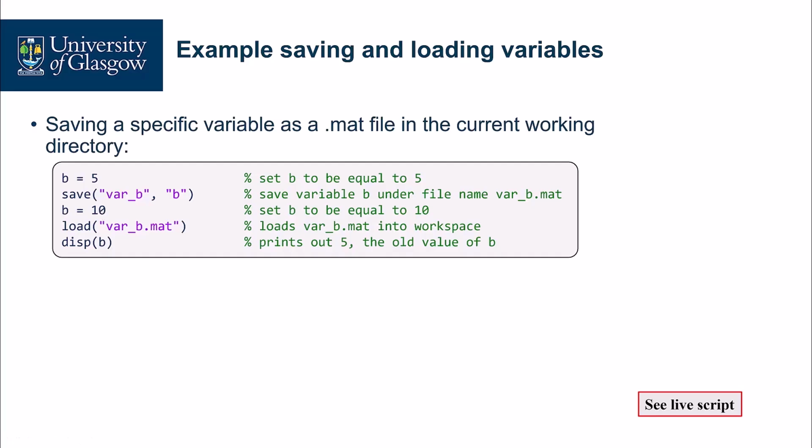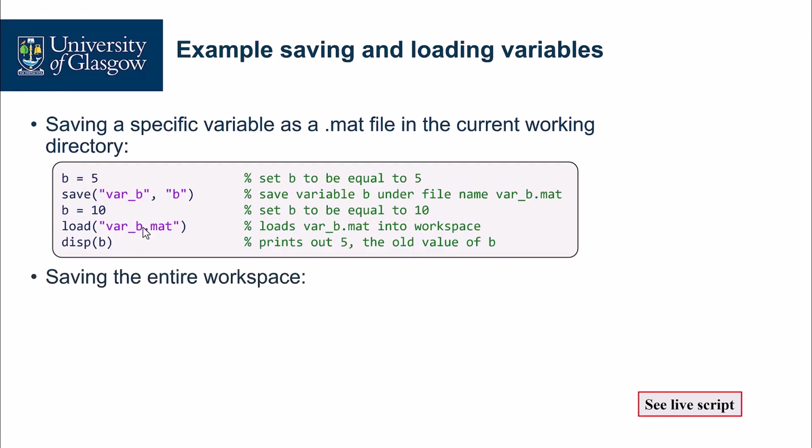It's 10 now, right? In the current workspace. And then I load the .mat file. This means the variable b in var_b will override this 10 again. So in the workspace now, the value of b is 5. You can display this and you will see it.